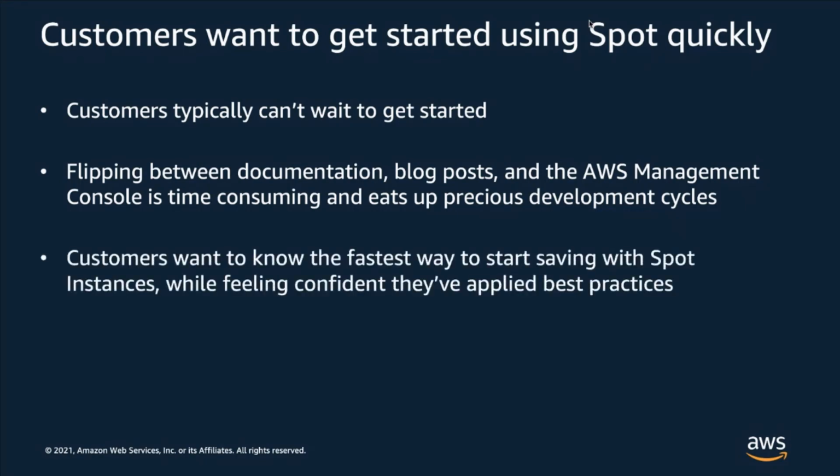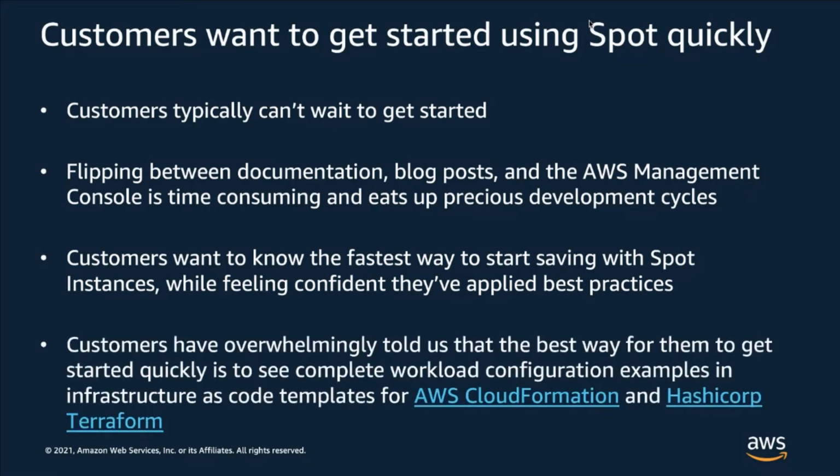And they say, what's the fastest way for me to get started? And at the same time, I want to feel confident that best practices have been applied. So we thought about this, and finally asked, hey, what could we give you that would really jumpstart and get you going quickly?